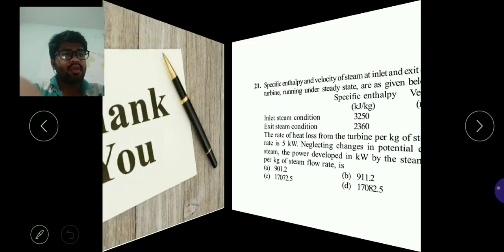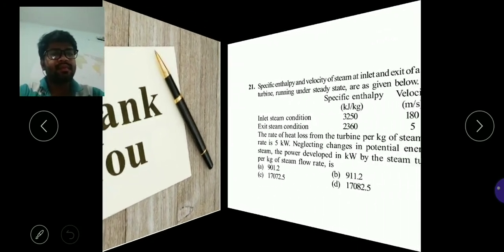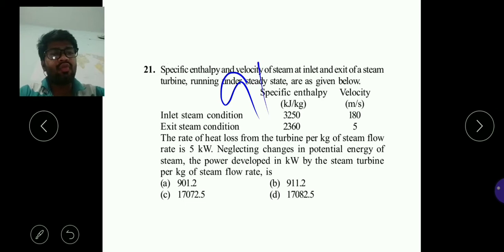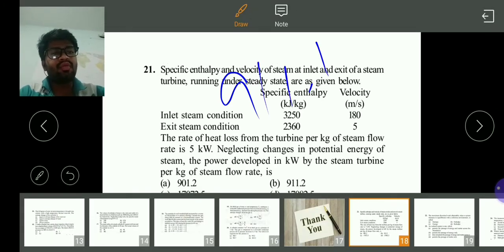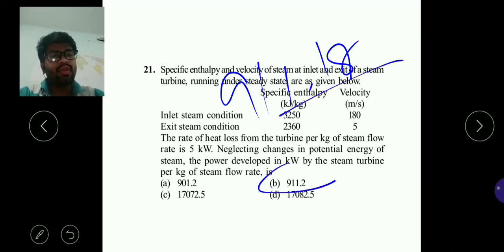Plus we add 5. If we calculate this value, we get option 2, that is 911.18, approximately 911.2. So this is the option.